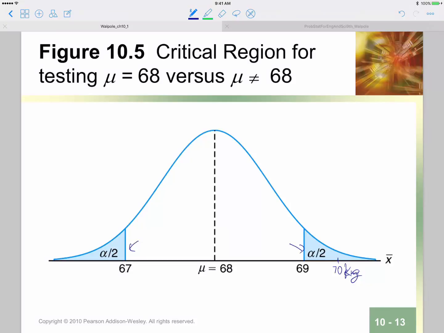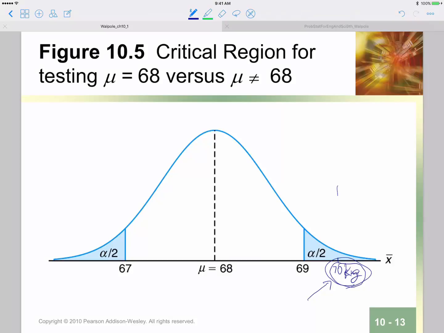this specific boundary, okay? Instead, we compute this. So we now assume that our boundary for the critical region is actually our sample mean value from our observation. And then suppose we obtained 70 kilograms as our sample mean.